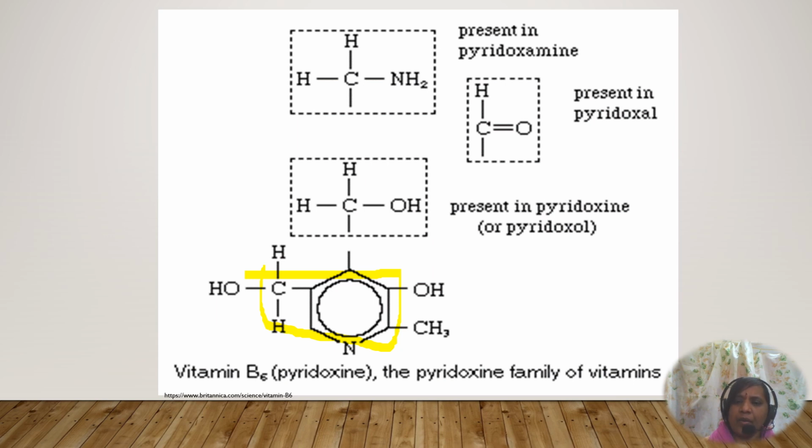In the case of pyridoxine, with the OL ending, the functional group is OH, whereas in the case of pyridoxal, with the AL ending, aldehyde is the functional group, and in the case of pyridoxamine, an amine group is present. So all three forms, as I told you, are active in our body, and vitamin B6 exists in all these three different forms.